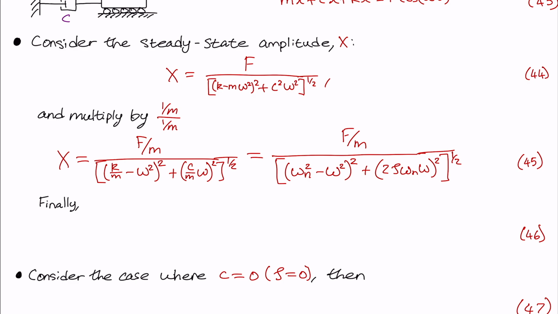So just as a reminder, omega n here is the natural frequency. And zeta is known as the damping ratio. And these quantities we defined in the previous lecture, so you're going to want to go look at the damped free response to find what they are.